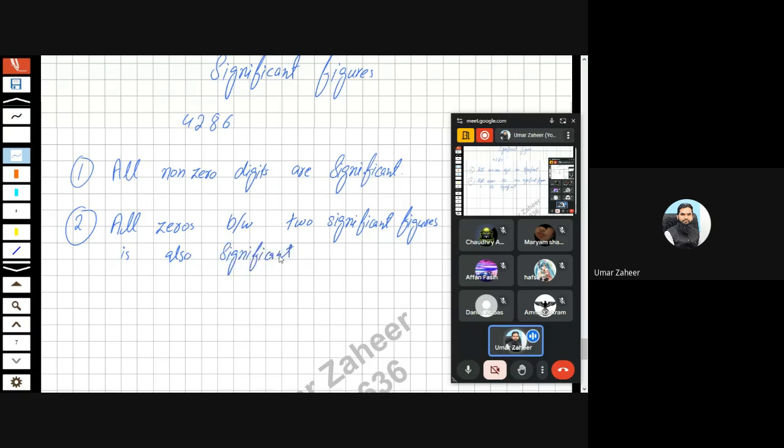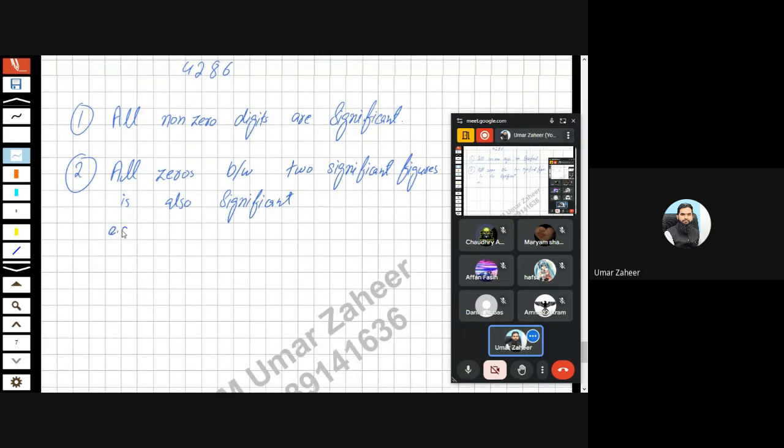For example, you have the number 4028. 4 is significant because it is a non-zero digit. 2 is significant because it is a non-zero digit. 8 is significant because it is a non-zero digit. This 0 is significant because it is between two significant figures.